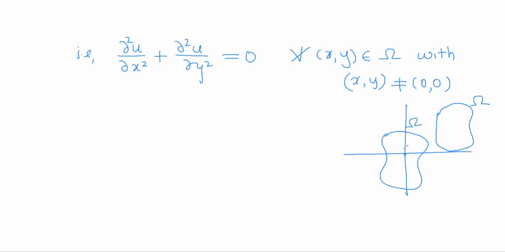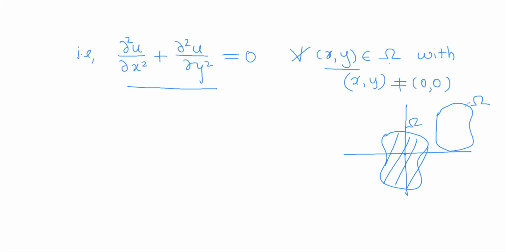But in any case, we have to prove the Laplace equation holds for all x and y. For all x and y, we have to prove that ∂²u/∂x² + ∂²u/∂y² is 0. But now we have got it to be true for all the points in Ω other than the origin.